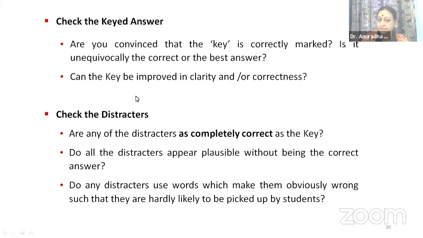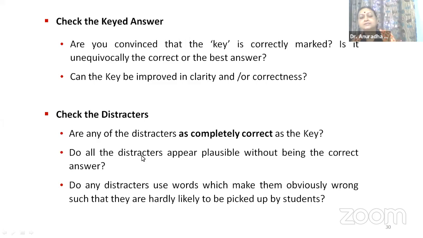Check the distractors. Are any of the distractors as completely correct as the key? Now, we want the distractors to be close to the key, but they should not also be correct. So again, you can have the kind of situation that I mentioned earlier. Do the distractors appear plausible without being the correct answer?